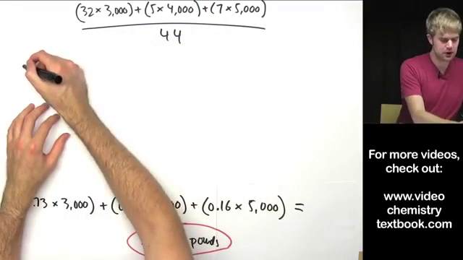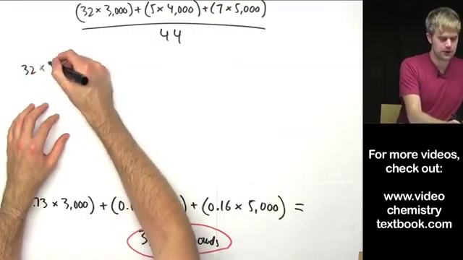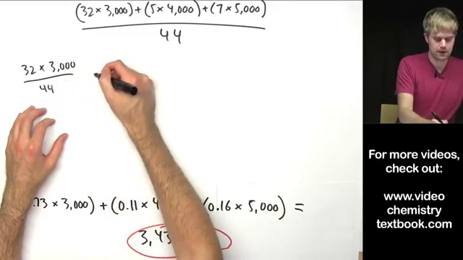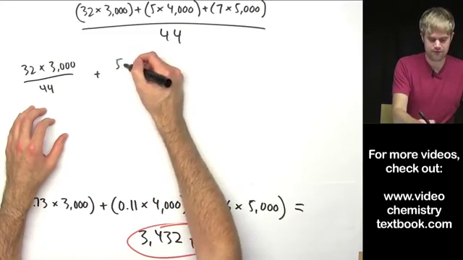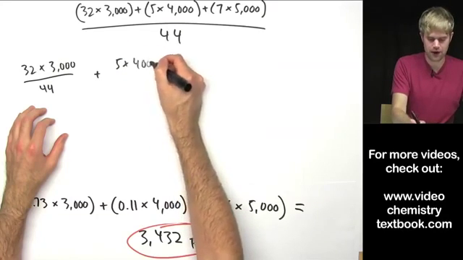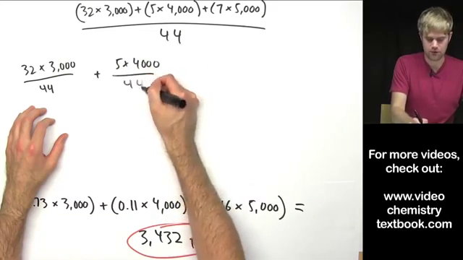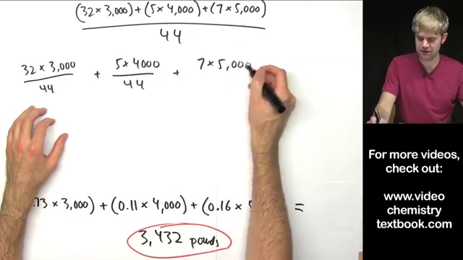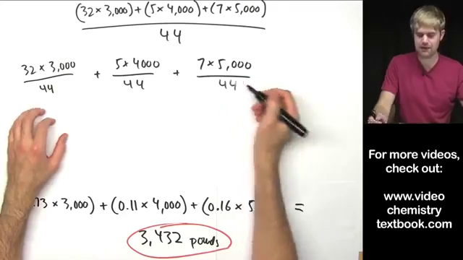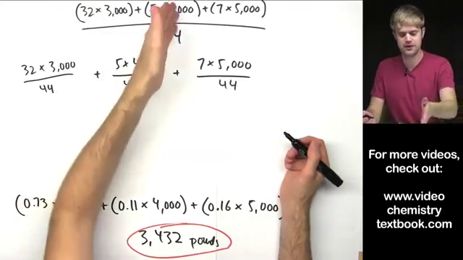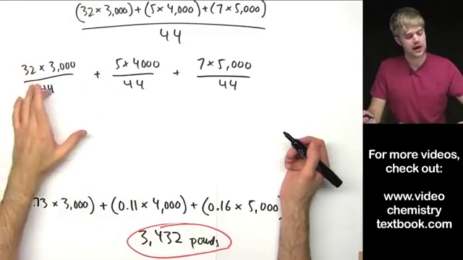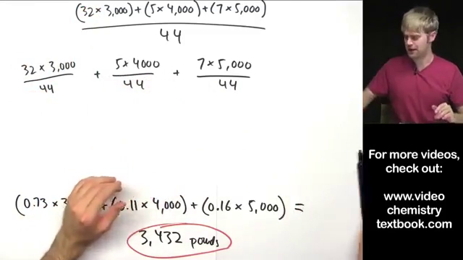Okay, so I'm going to do 32 times 3,000 divided by 44 plus 5 times 4,000 divided by 44 plus 7 times 5,000 divided by 44. Okay, so I can split this into 4 pieces. I can split this into 3 pieces. Each of them have the same denominator.